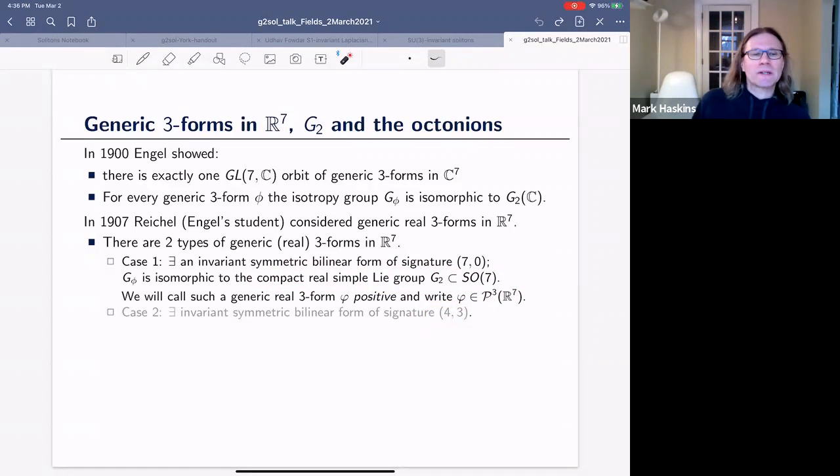We'll ignore that for today. We'll be interested in a generic real 3 form that is one of the positive ones, so the induced non-degenerate bilinear form is positive definite. We'll call that a positive 3 form, and this open orbit we'll call the positive 3 forms.